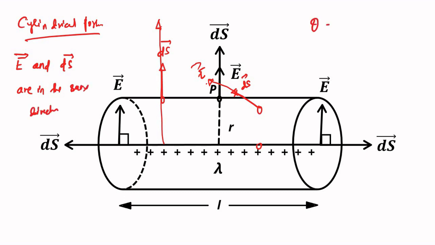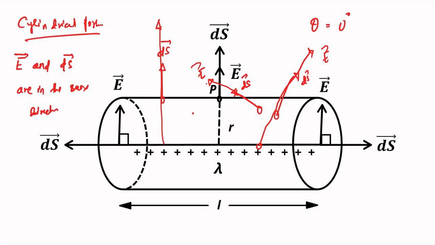So the angle between them is 0 degrees. Here also, if we consider this area, this is the area vector, and if we consider this point, the electric field line will be like this, E vector, and this is the dS vector. They are along the same line.